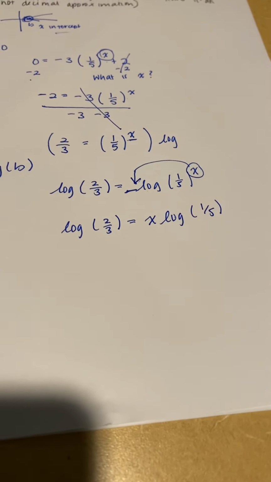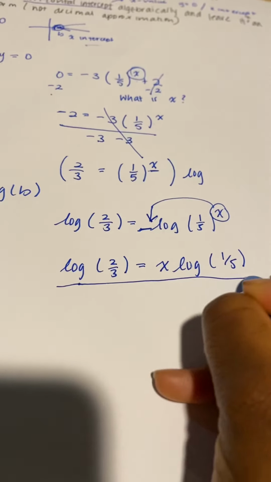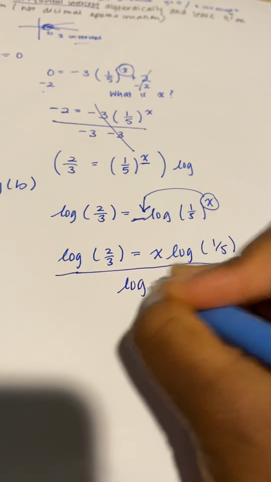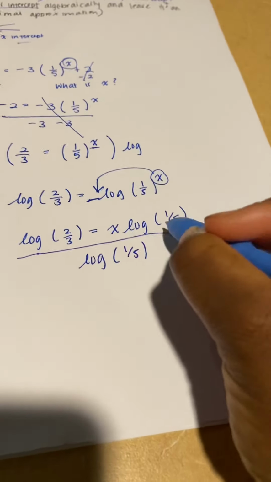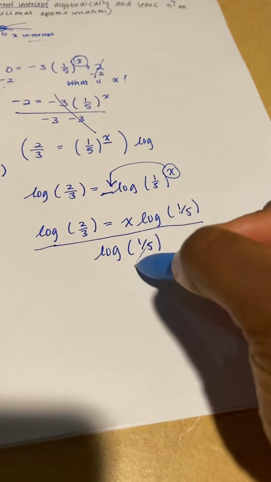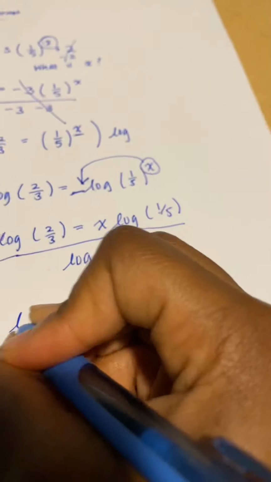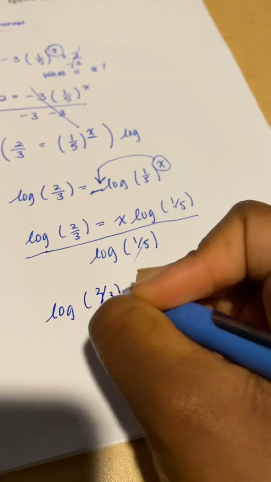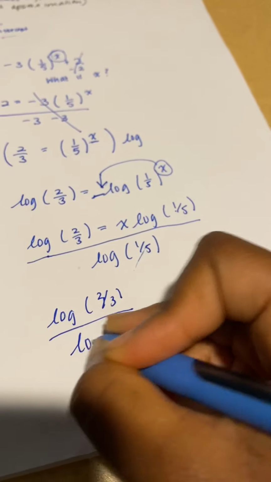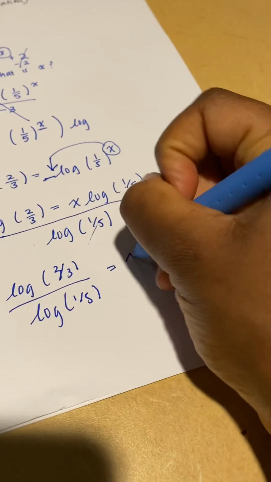And now the only step that we have to do is divide by log of 1/5 on both sides. When we do it on this side, it would cancel out. But when we do it on this side, we will get log of 2/3 over log of 1/5 equals x.